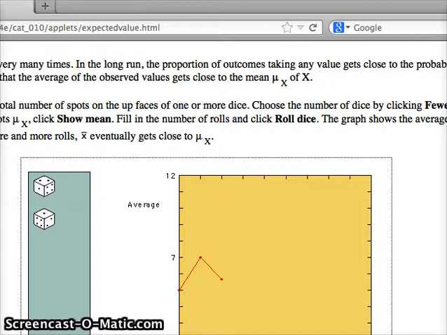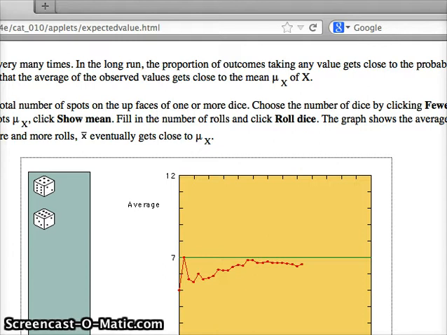and if I roll them again, well, we know the expected value is 7, and there's this rule called the law of large numbers. It says if you do things enough times, run enough trials, that the average you get will approach the expected value. It will approach the true mean. And so you can see as I continue to roll these dice that the average approaches 7, which is the mean down the middle there.